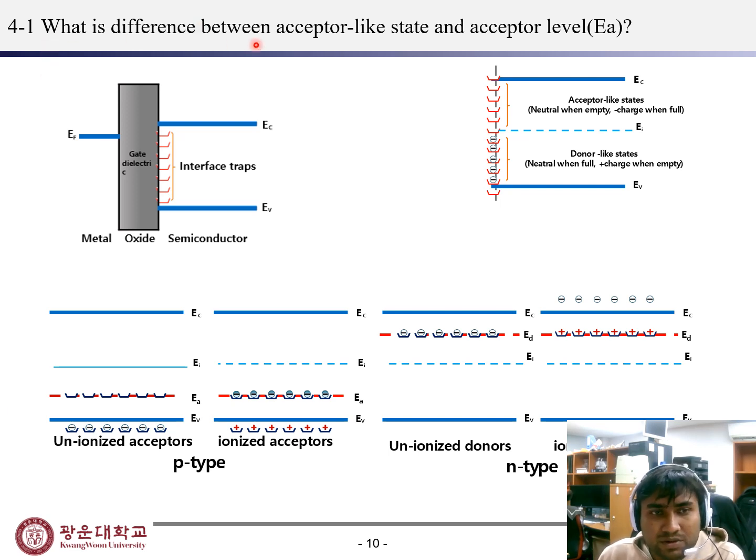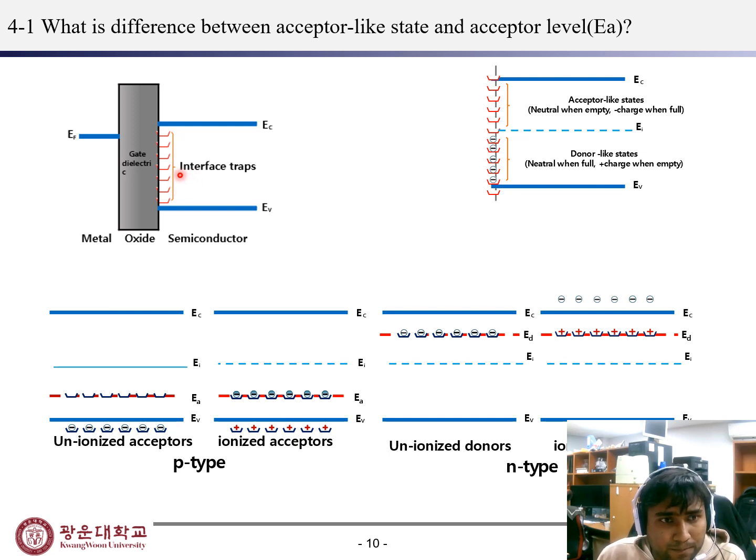What is the difference between acceptor-like state and acceptor level? In this MOSFET, there is the metal gate and the gate dielectric or gate oxide. Here is the channel. When we apply bias, interface traps are created as defects.